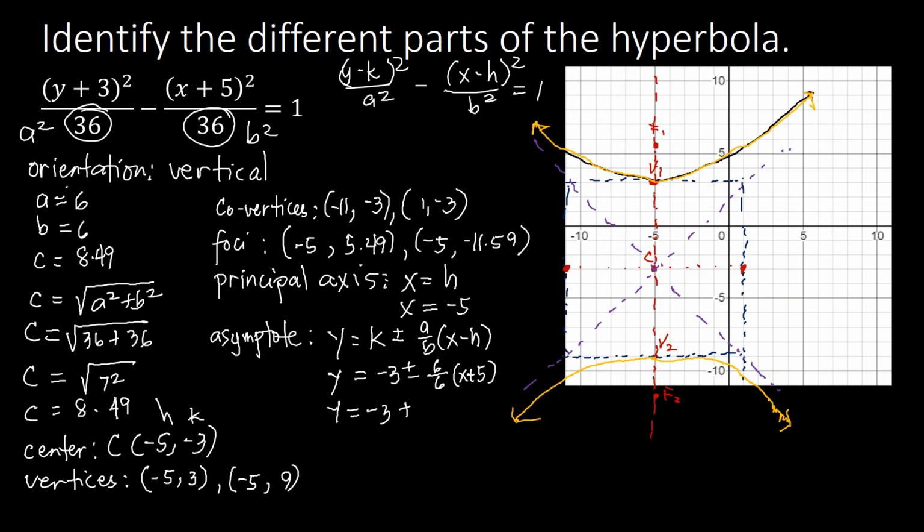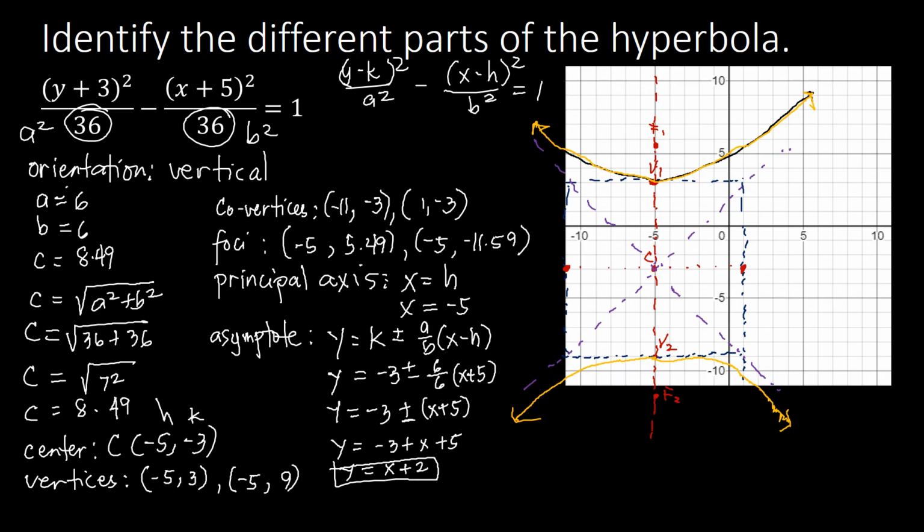So we have 1 times x plus 5, that is x plus 5. So we can have it as y equal to -3 plus x plus 5. So this will be now y equal to x plus 2. This will be our first equation.